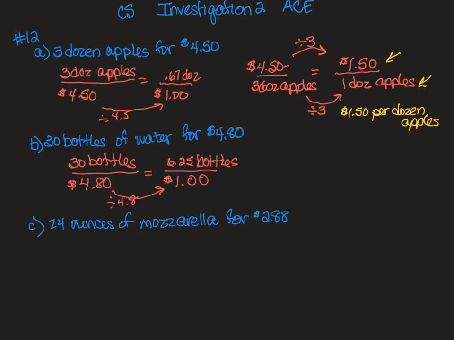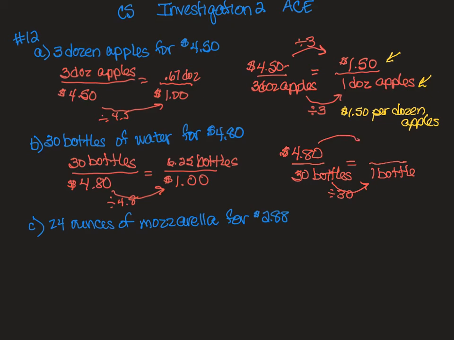The nicer one is over here, or the easiest to think in your brain, $4.80 for 30 bottles. Okay, and I see that sign, but you know what? I don't need 30 bottles. I just want 1 bottle. So to get 1 bottle, I'm going to divide by 30.